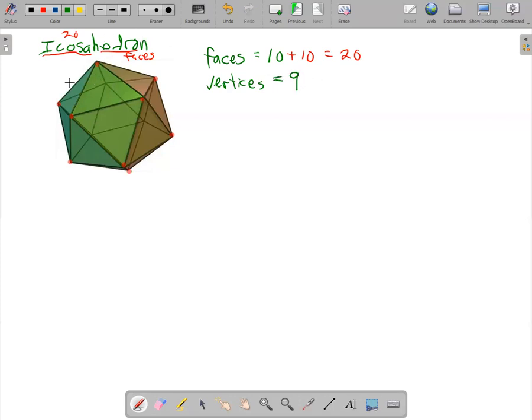All right, and then let's erase those. Vertices we can't directly see, but that are in the background. So 1, 2, 3 more back there. And I think that's it.